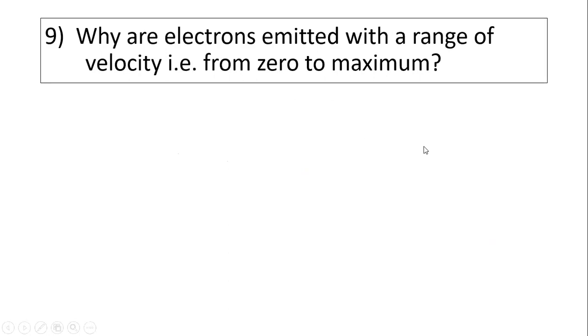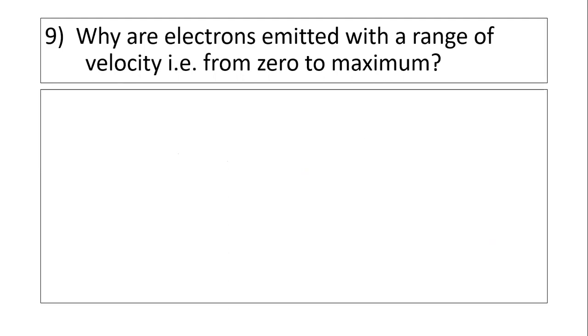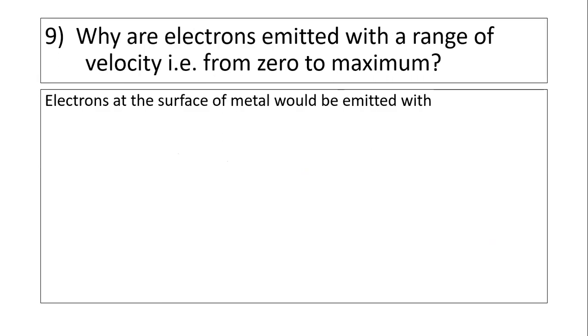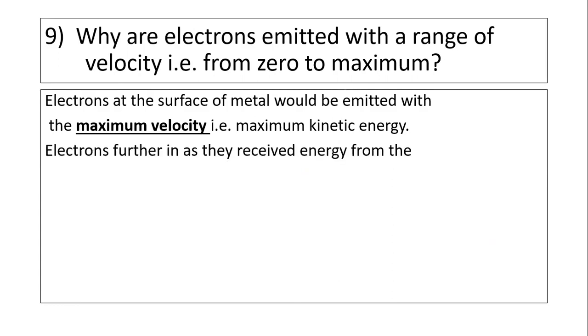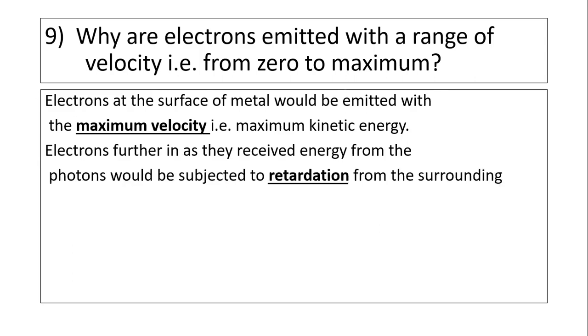Why are electrons emitted with a range of velocity from 0 to maximum? Any idea? Electron at the surface of metal will be emitted with maximum kinetic energy or maximum velocity. Electrons further in, as they receive energy from the photon, are subjected to retardation.